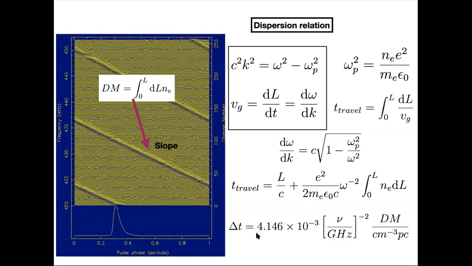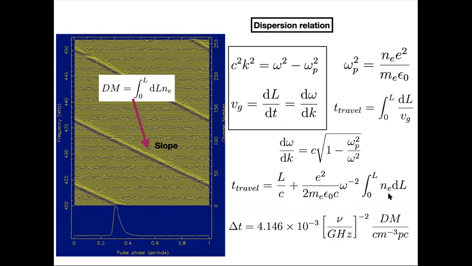Which I equate with this quantity. And I can put in the values of all these things and calculate. I will get a number which is 4.146 times 10 to the minus 3. I convert this angular frequency to frequency in gigahertz. And this quantity is usually called the dispersion measure, which I have written here.